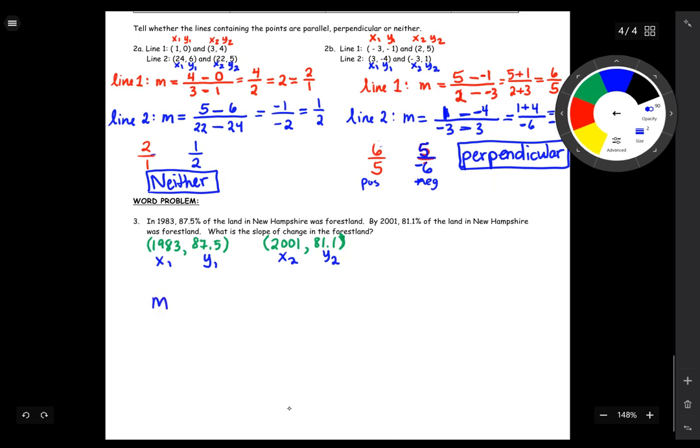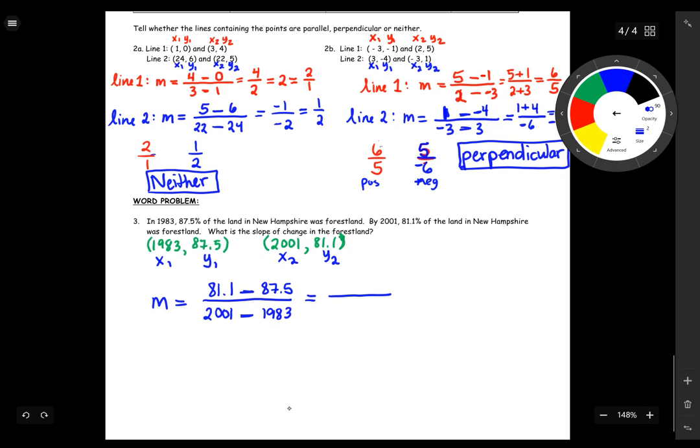M equals, again, going back to our favorite slope formula, y2 in the first slot, and then y1 in the second slot, x2 in the first slot, x1 in the second slot.